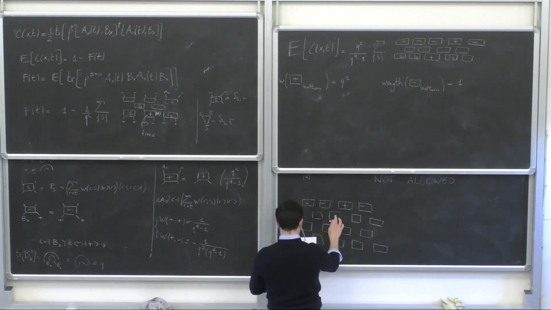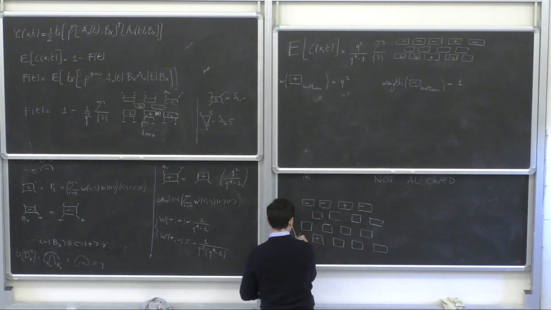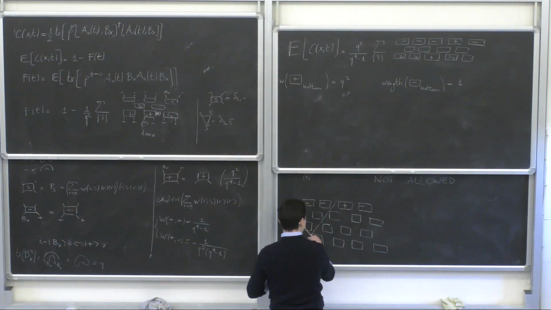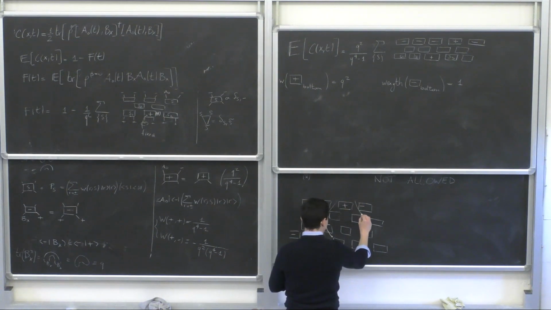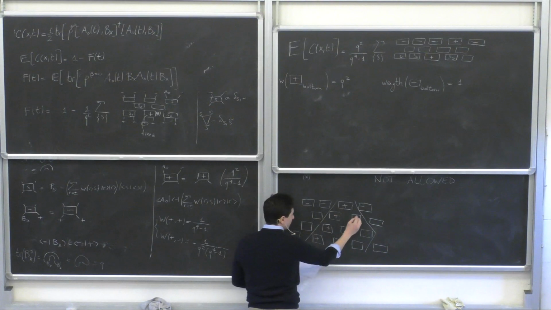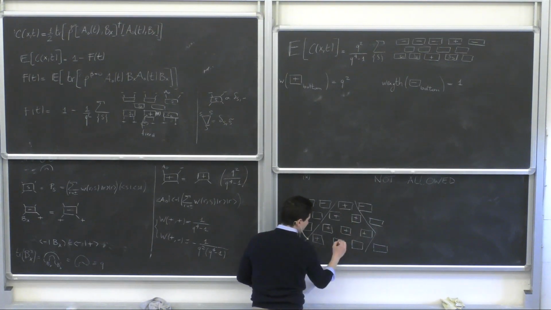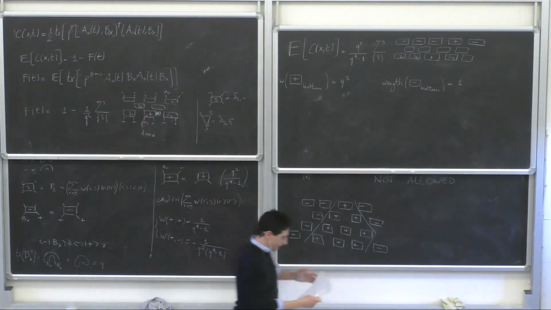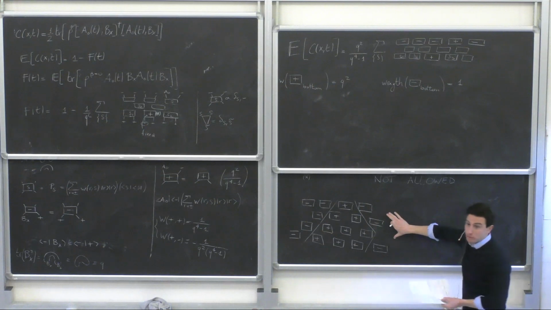Then we put this, so this is a configuration which is allowed, and let me explicitly write down the weight of this particular configuration.